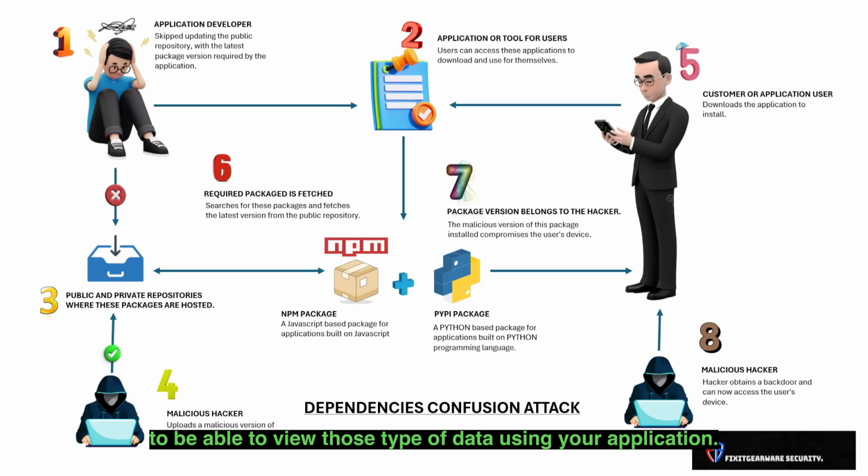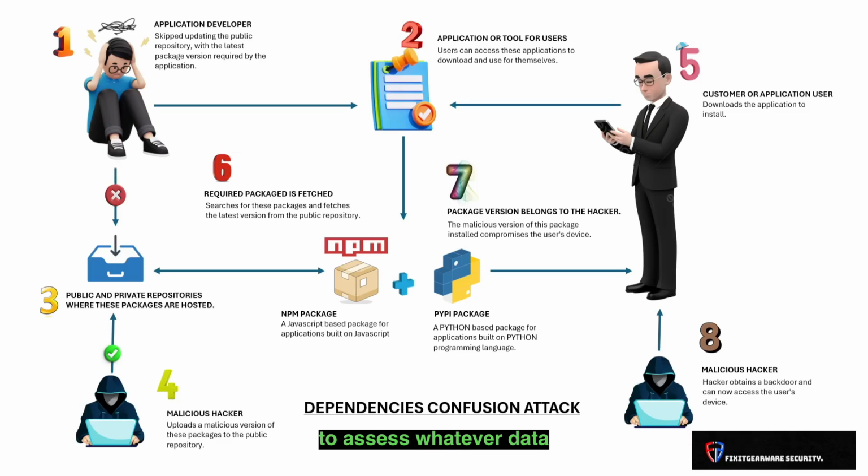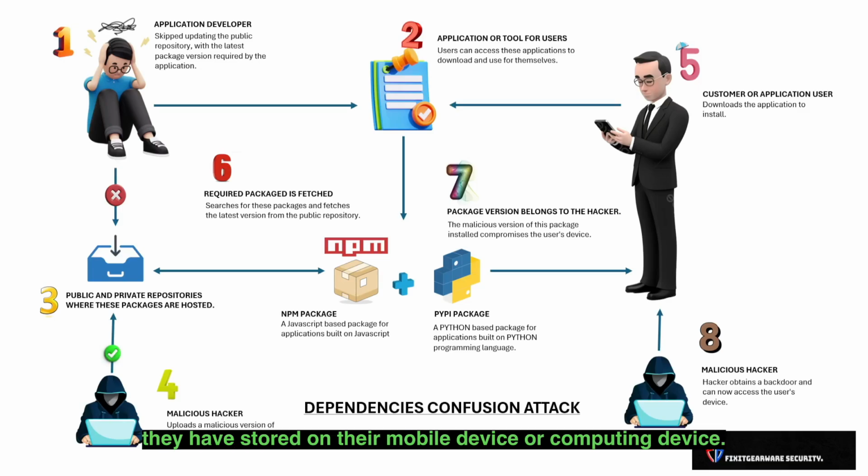To view those types of data using your application, certain dependencies or packages are required to be installed on the end user's device before they can use the application with its full functionalities to access whatever data they have stored on their mobile device or computing device efficiently.